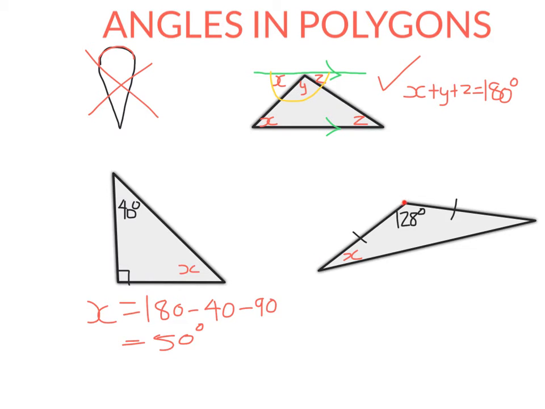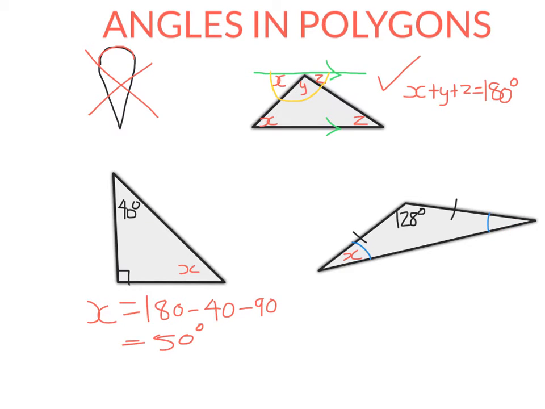In the second example, we have an isosceles triangle, isosceles because two sides are equal in length. It turns out that when you have two sides equal in length, there are also two angles that are equal: the base angles. These are the angles where the equal side touches the base, the non-equal side.